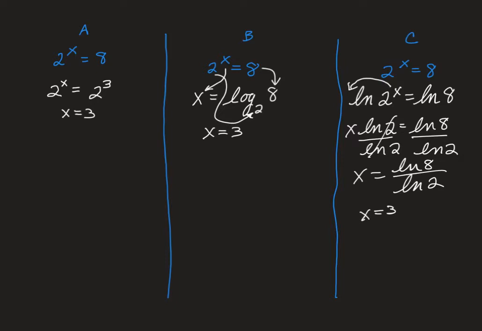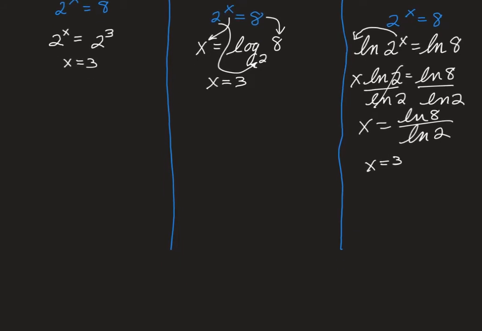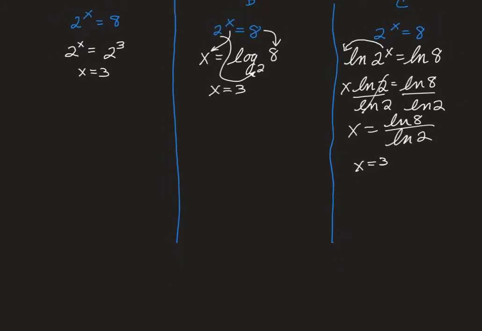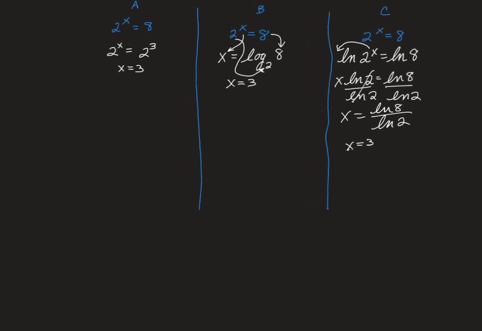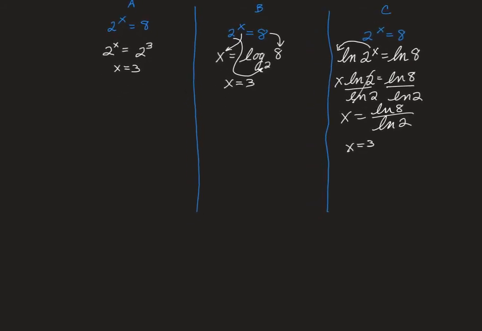Now, let's talk about what I did in each case. Let me make this a little bit smaller so you can still see it. In the first place, the equation is in exponential form, right? Each of these is in exponential form. So leave it in exponential form in the first case and find a common base, a base that you can use to express each of the sides of the equation.